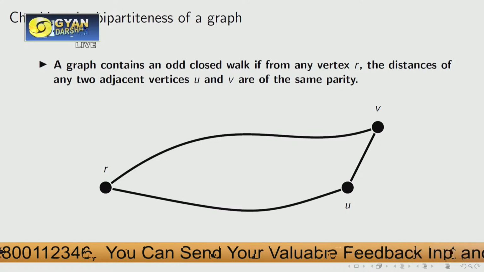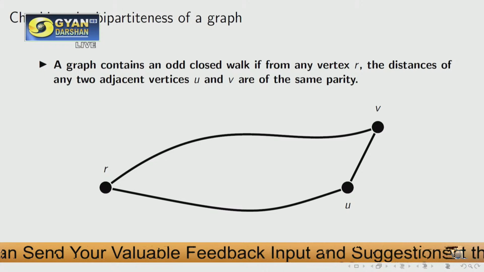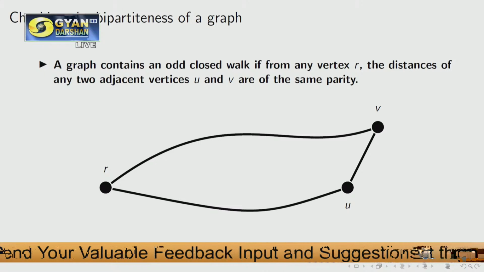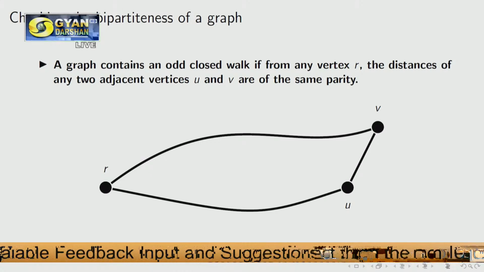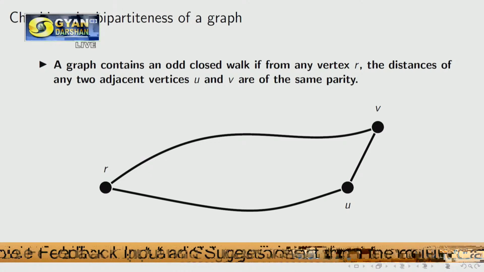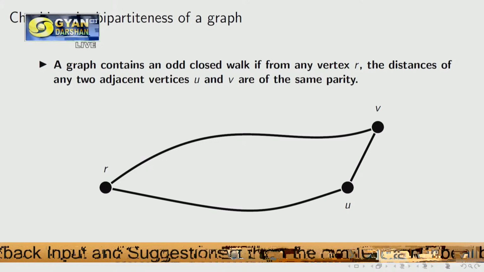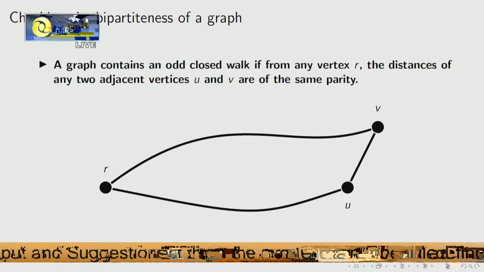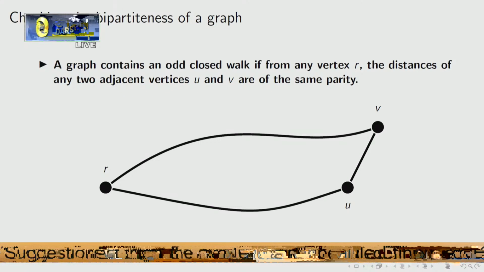Because the distances of U and V from R are both odd, their sum becomes even, plus one edge UV. So this gives us an odd closed walk, and by the fact that we have just seen, every odd closed walk contains an odd cycle. So whenever we find such a situation, we can easily say that the graph is not bipartite.